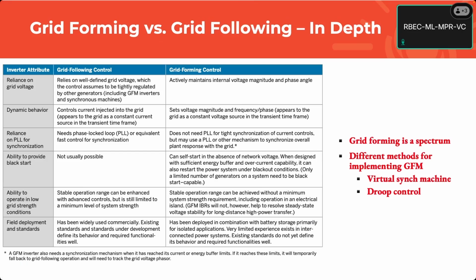If you say you must have grid forming virtual synchronous machine controls, then you're missing innovation. Or if you say you must have GFM droop controls, you're doing the same thing. So you can standardize performance and then you don't care. Give me some performance out of your point of interconnection. I don't care how you do it. Just do it and test it and prove to me that you're good to do it.